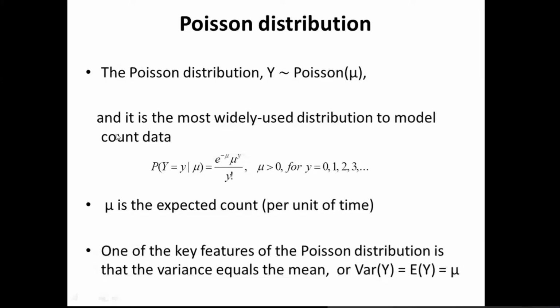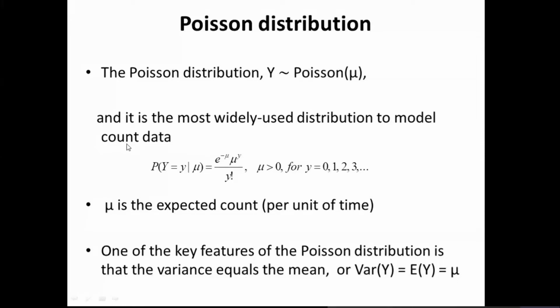So, for example, if the average number of myocardial infarction, MI, per year is 3, then the probability of getting zero MI per year will be e to the power of minus 3, 3 to the power of 0 over 0 factorial. So it will be e to the power of minus 3.